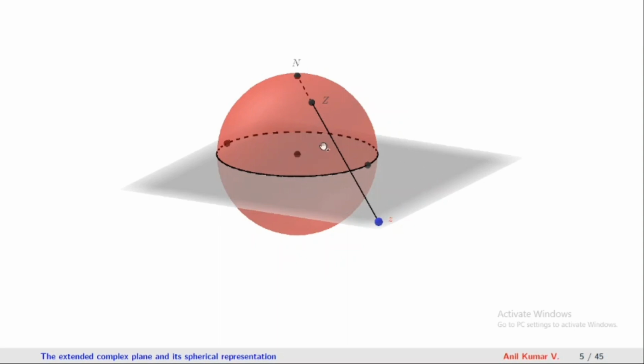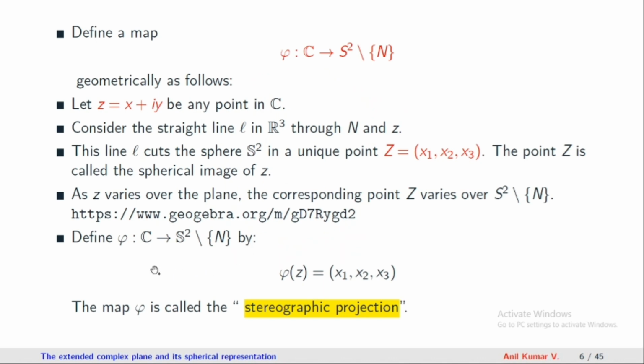As z varies over the complex plane, the corresponding spherical image varies over S2 minus N. Geometrically, it is obvious that there is a one-to-one correspondence between the set of points of S2 except the north pole and the complex plane C. Let x1, x2, x3 be the coordinates of the spherical image of the point z, and define a function phi from C to S2 minus N by phi of z is equal to x1, x2, x3.